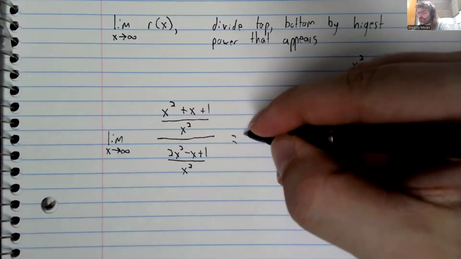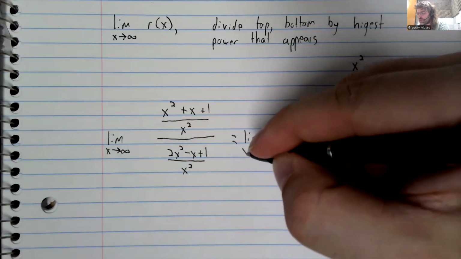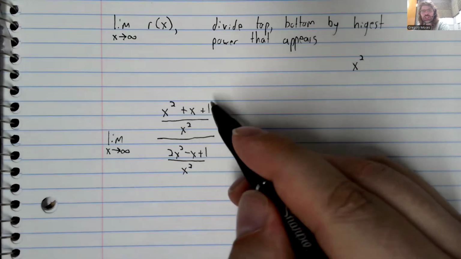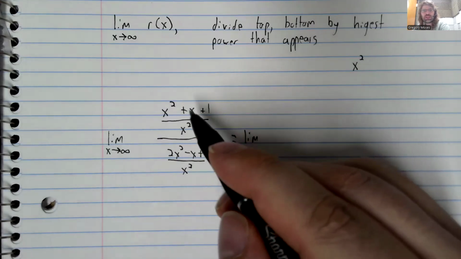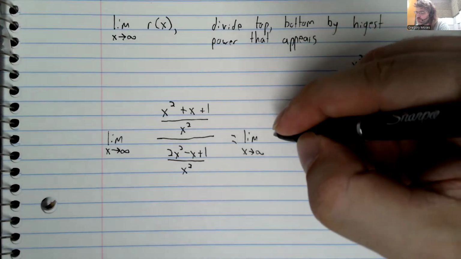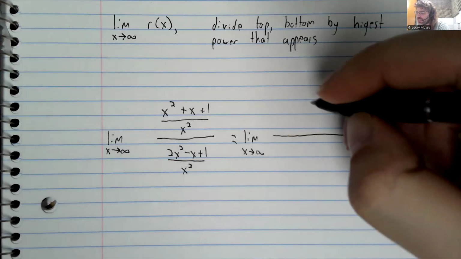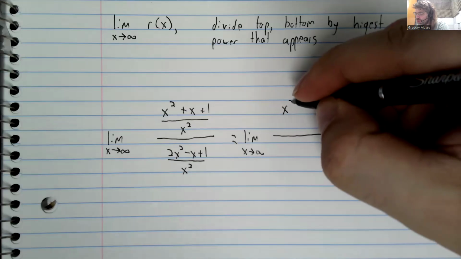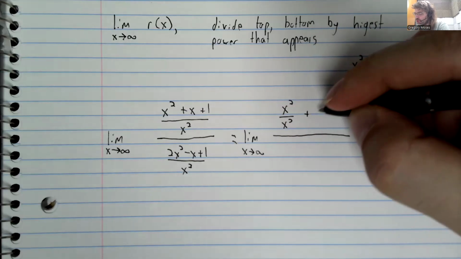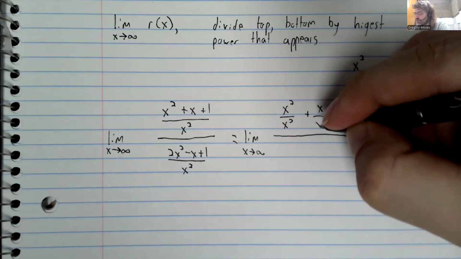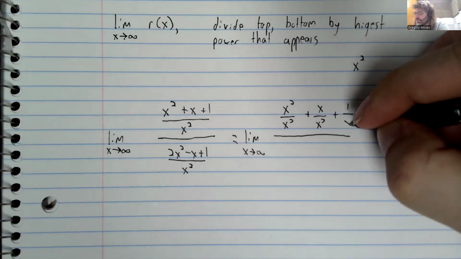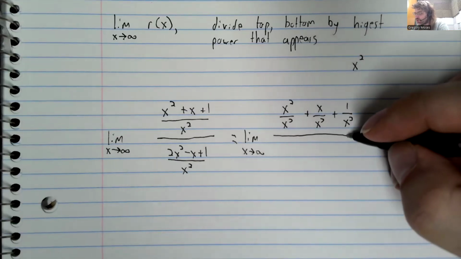And now we do some algebra. A fraction with addition in the top and just a term down below. This breaks up. So the numerator of this big fraction becomes x squared over x squared plus x over x squared plus 1 over x squared.